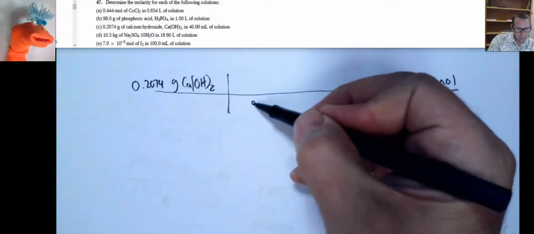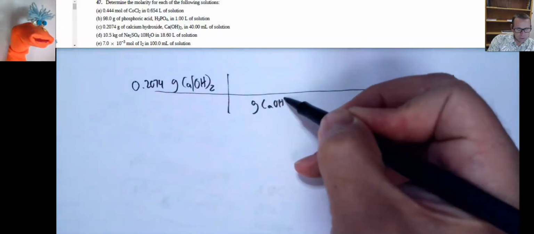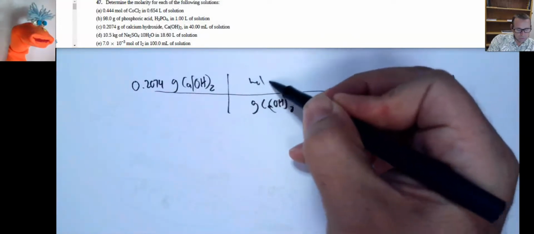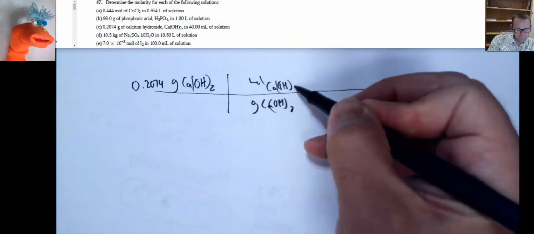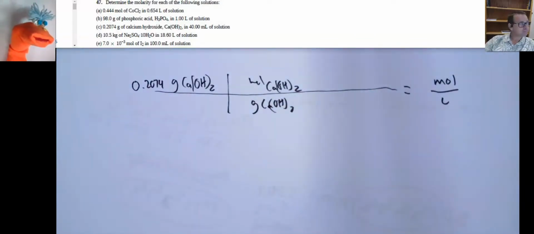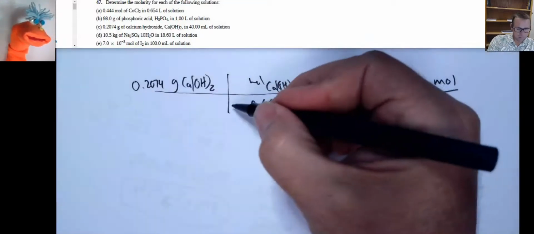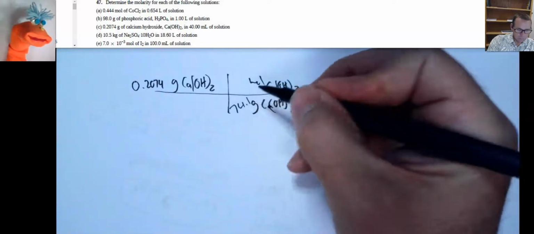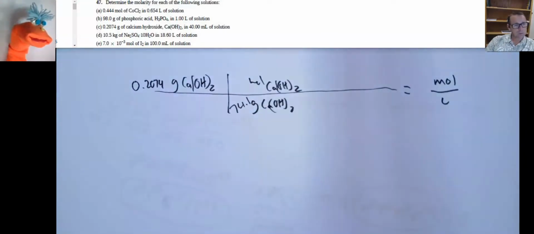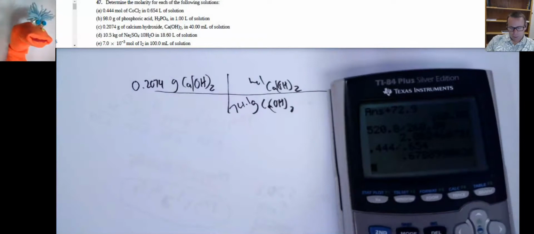All right. And then I can go from grams of calcium hydroxide to moles of calcium hydroxide. Okay. Molar mass of calcium hydroxide. All right, so it's 74.1 grams for every mole.